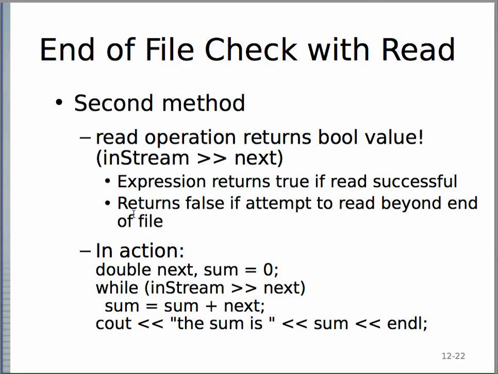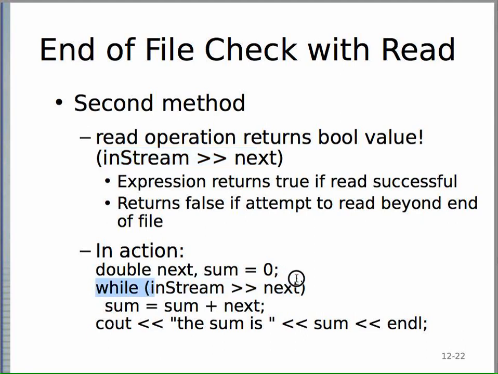A second method would be to read until this thing fails. So for example, if you use the extraction operator with some input stream and check the value, so assign this to some value, or you can put that right into a loop.